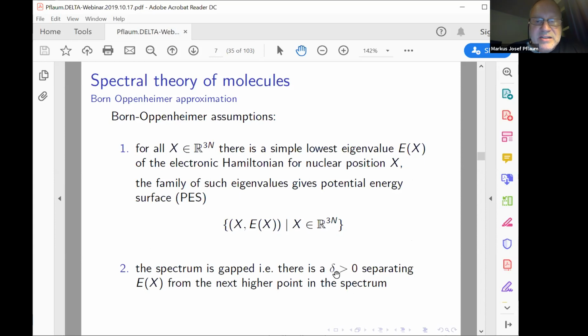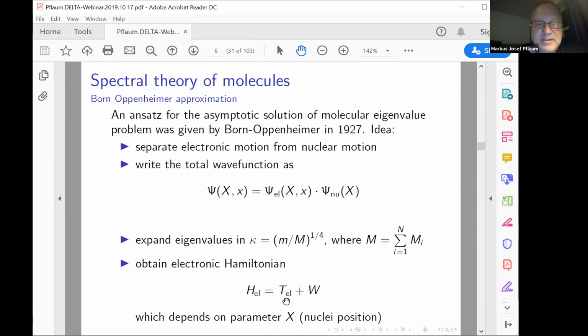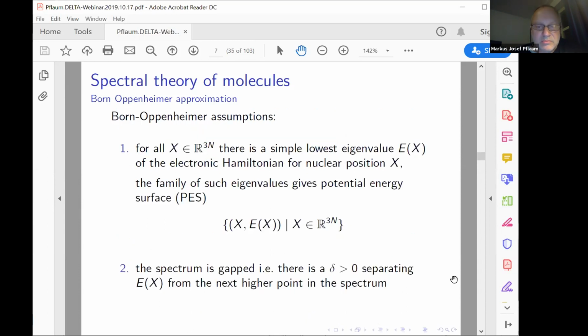That means there's a positive delta which separates E of x, the lowest eigenstate of this electronic Hamiltonian, from the second one. So you might have one which lies above this, and you assume that it's separated by a gap.